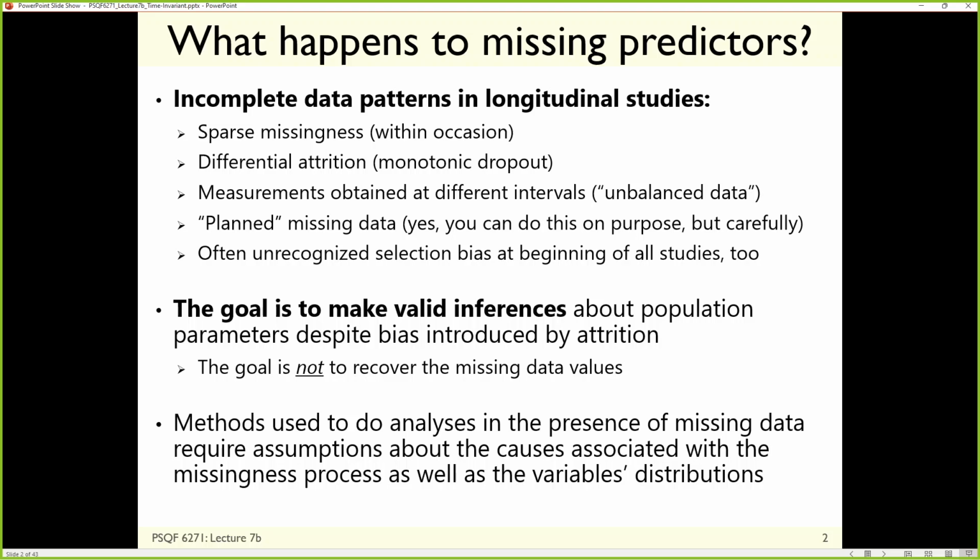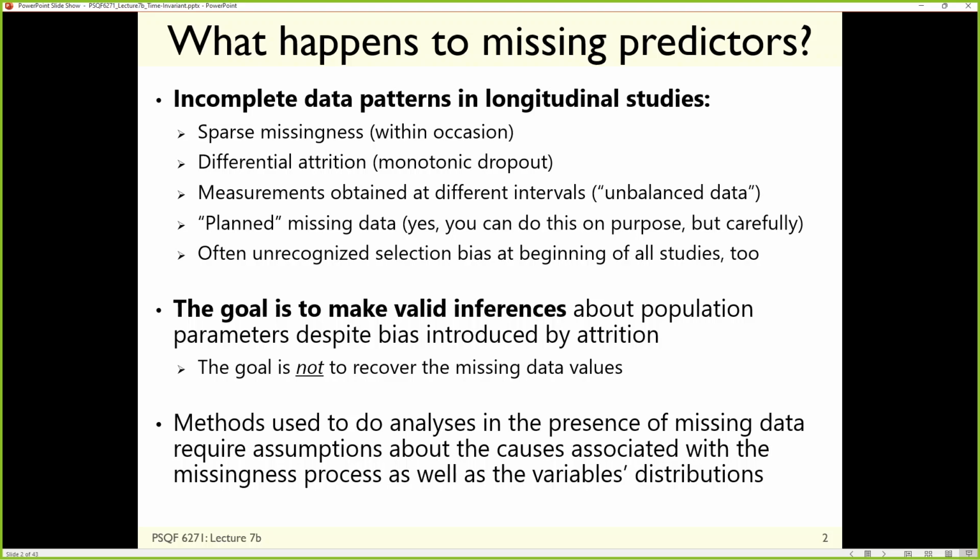In addressing the contribution of missing data, the goal is to try to get the right answers back. The goal is to try to make valid inferences despite the missing data. The goal is not to fill in the missing values. Any techniques that do so are not really trying to fill in the missingness.